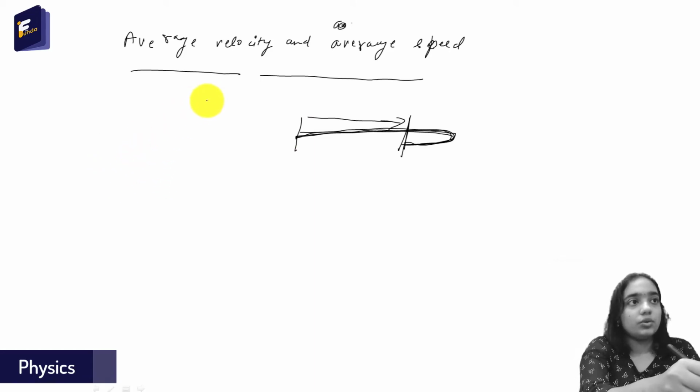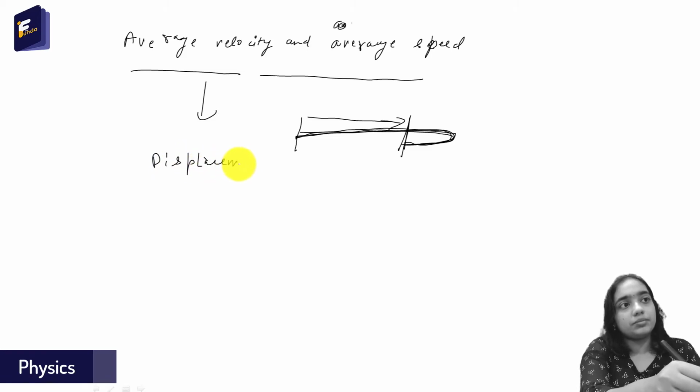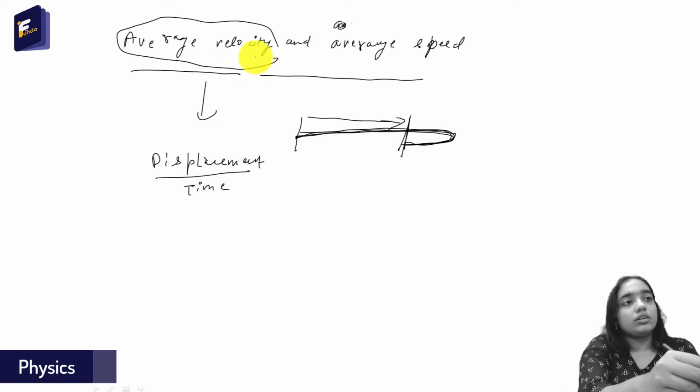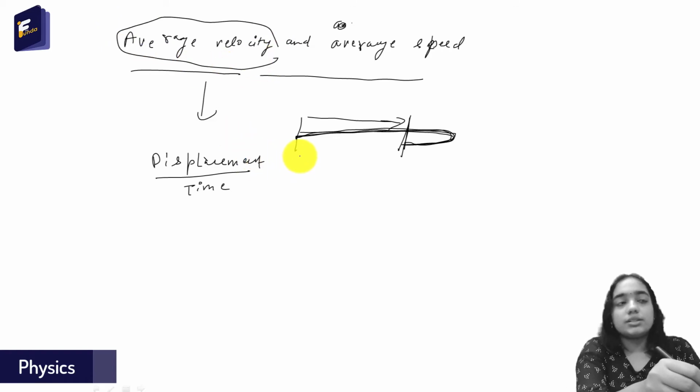So let us know about average velocity. Average velocity is displacement by time. Simple. This is the average velocity. As we know, displacement is final position minus initial position.